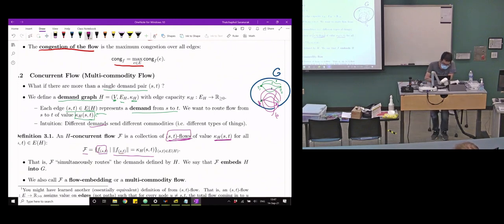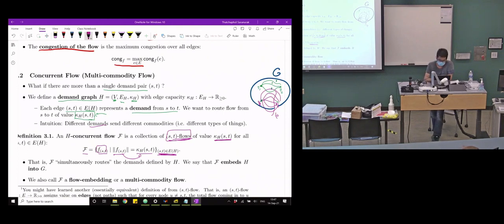So I really have a subscript ST for every edge, for every demand here. And each flow for a demand should have total value to satisfy the demand that you want for that demand.